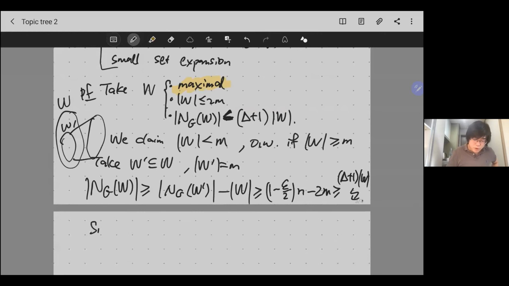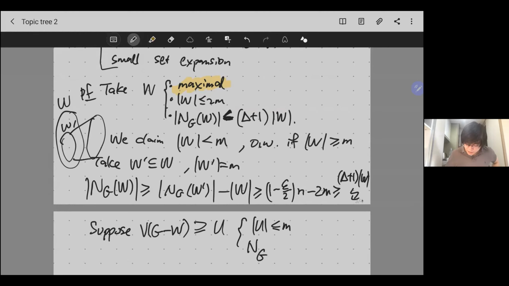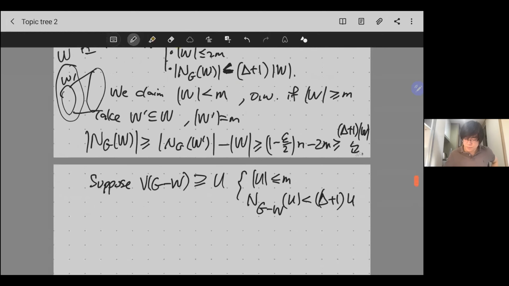Now, suppose G minus W contains a set U that expands poorly, such that U is small and its external neighborhood after removing W still does not expand well. Then what do we know? If you take the union of them, this is at most delta plus 1 times the union of them.